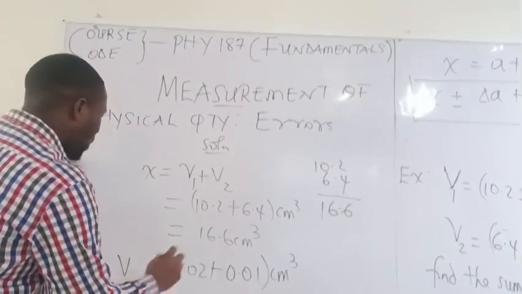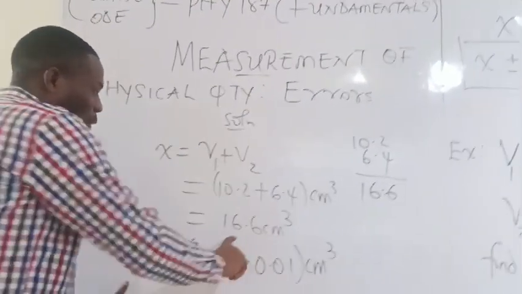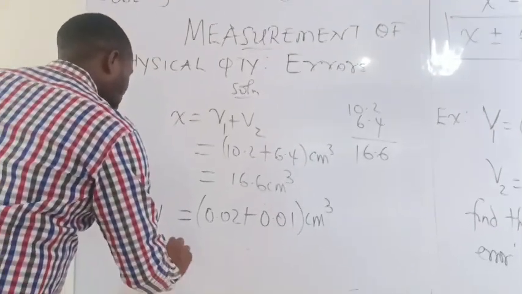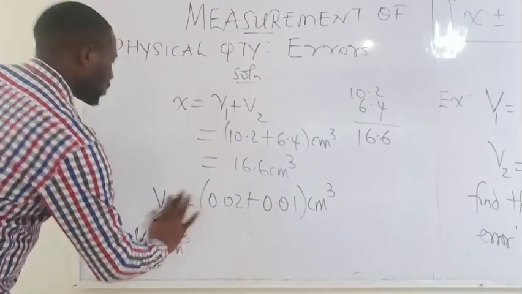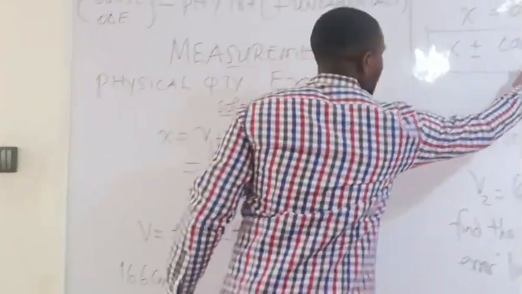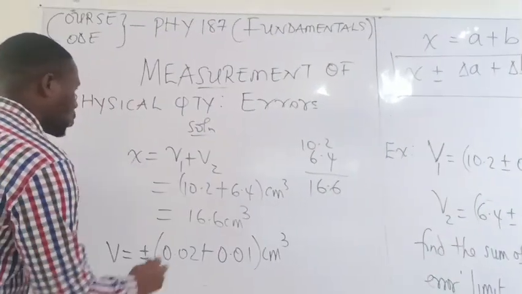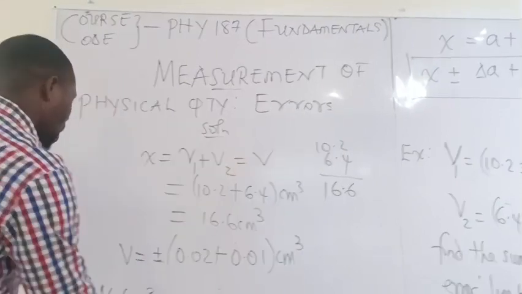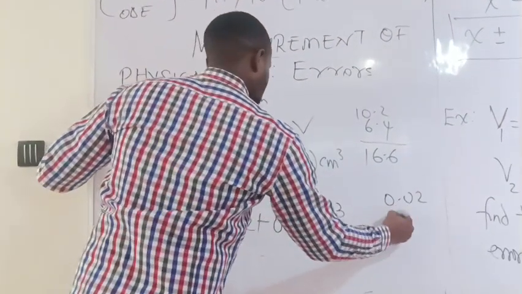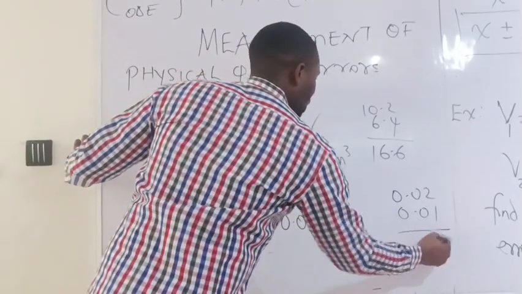So what it simply implies is the sum of the volume is 16.6 cubic centimeter, and I could stick in a plus or minus for the absolute error, which is this part. I will just call this v, and this would be 0.02 plus 0.01. This is 0.03.